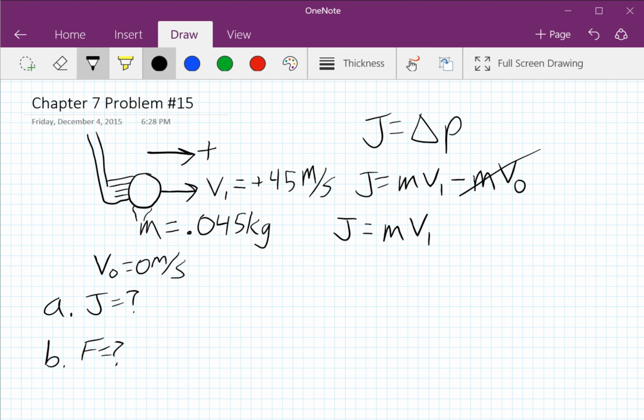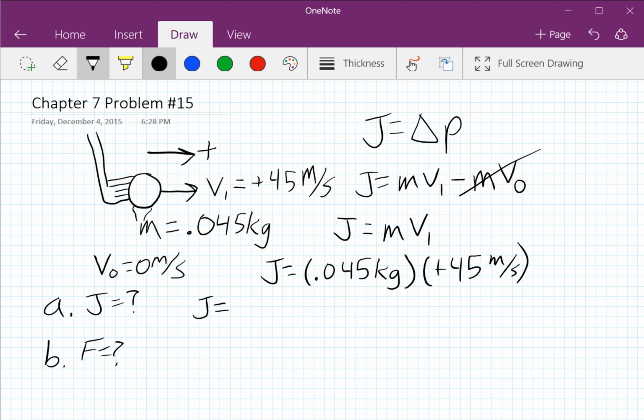That's going to give me, the impulse will equal 0.045 kilograms times a positive 45 meters per second, which will mean the impulse equals a positive 2.025 Newton seconds.